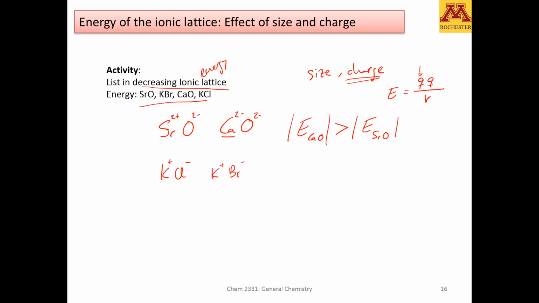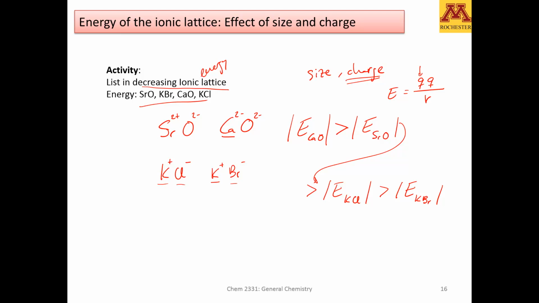I've been saying calcium, I apologize. Both being potassium, what will make the difference is the size of chloride and bromide. Chloride is smaller, so the lattice energy of potassium chloride will be larger than the lattice energy of potassium bromide.